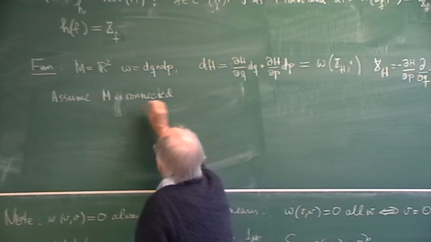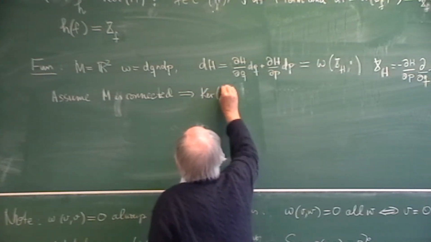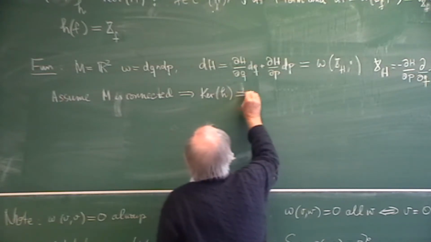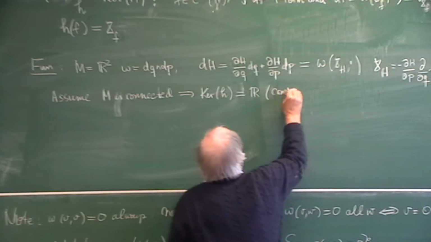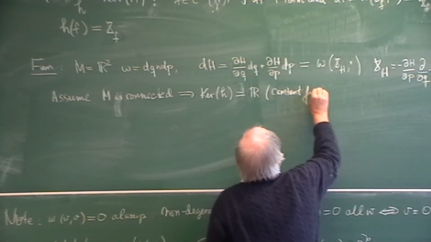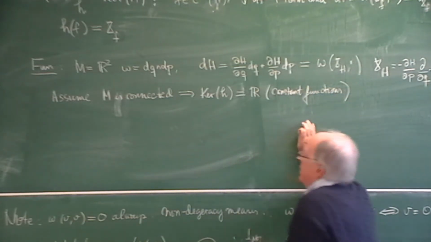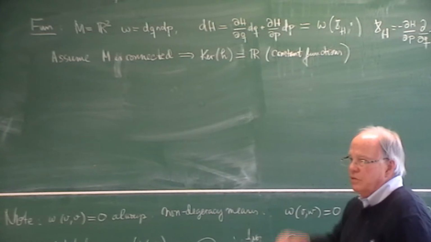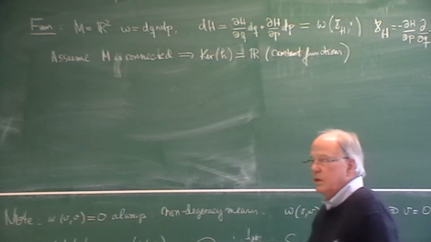So, this implies that the kernel of this mapping H is just the constant functions. Right, because if d of some function is identically zero on a connected manifold, that means the function is constant.